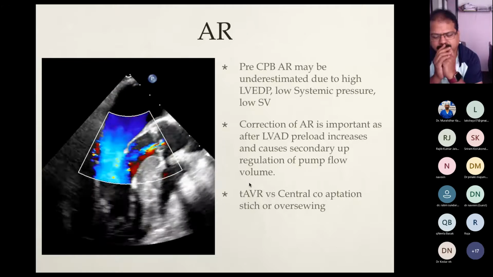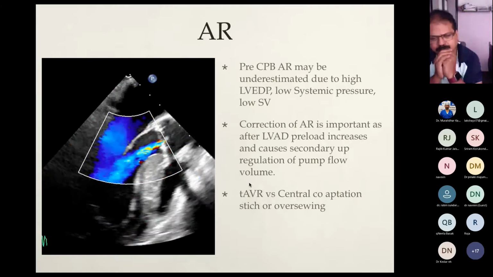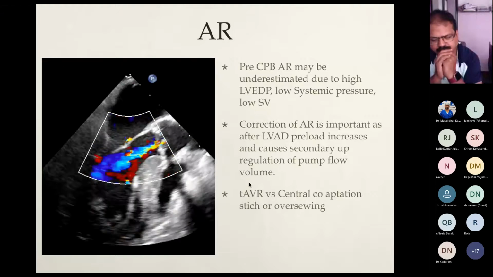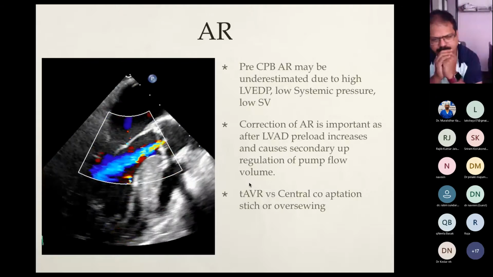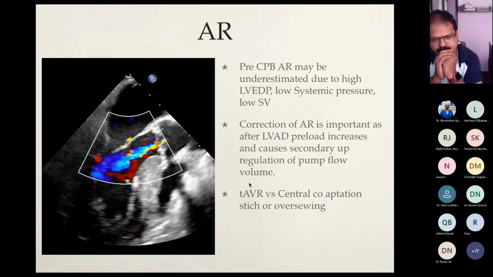Correction of AR is important because with the LVAD, the preload increases and there is secondary upregulation of the pump flow. It will be a futile cycle, which will affect the LVAD function.